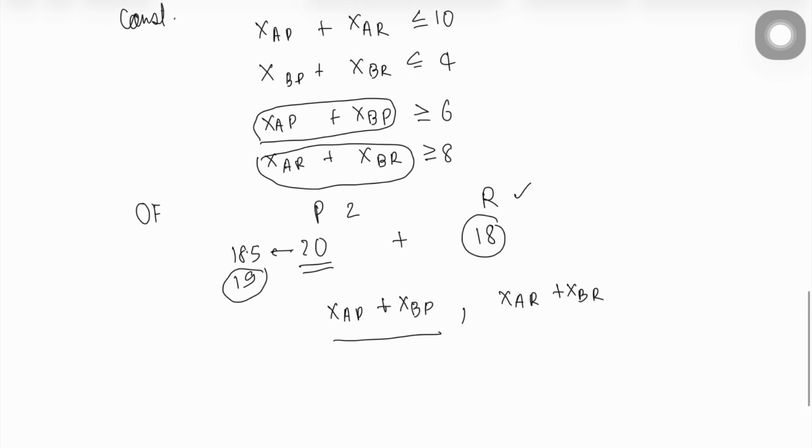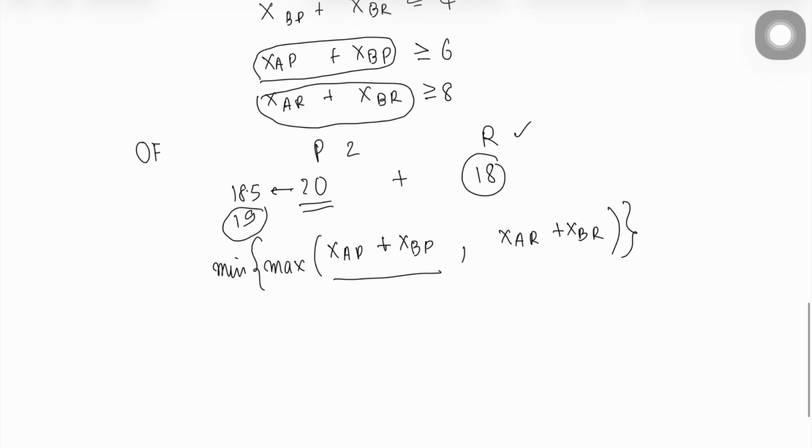So this could be written as min max, so the maximum of these two and then minimizing that value. But when we have to solve this in Excel, we will simply assume that whatever the maximum among these two is a value t, and then we have to minimize this t, because in Excel we can have a single objective function only, we can't have multiple objective functions.